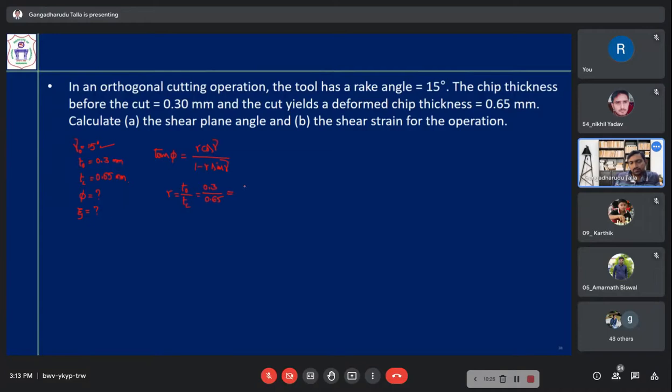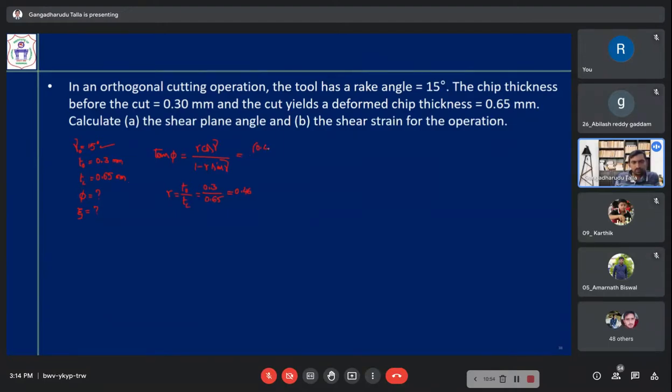How much is this? You have to do just sitting. Sir, 0.4615. Okay, we'll start with 2 digits. So 4615. Now you can find tan phi.